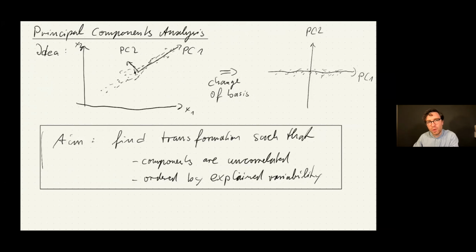So lambda 1 will be proportional to the variability in this direction. And lambda 2 to the variability in this direction. And so this sorting by the eigenvalues ensures that the first principal component will point in this direction of highest variability of the data, right? So this is what the sorting means.